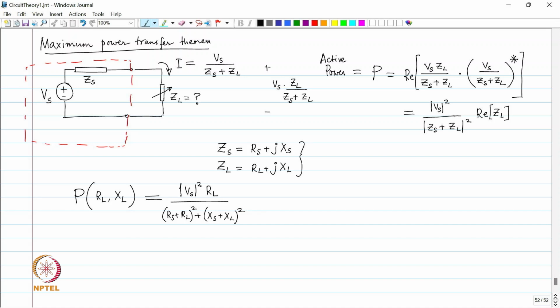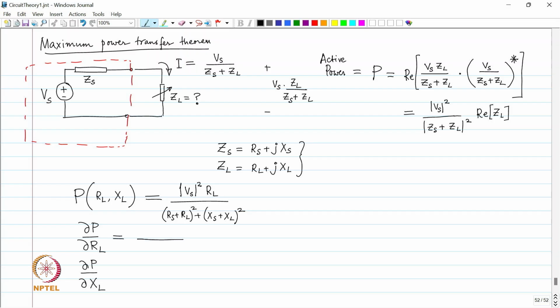So, to maximize the power, what do we have to do? We have to find the partial derivatives of P with respect to, so I have to write dou P by dou R L and I have to find out dou P by dou X L. These are the two things I have to find, okay, and equate these two to 0. That is the job.